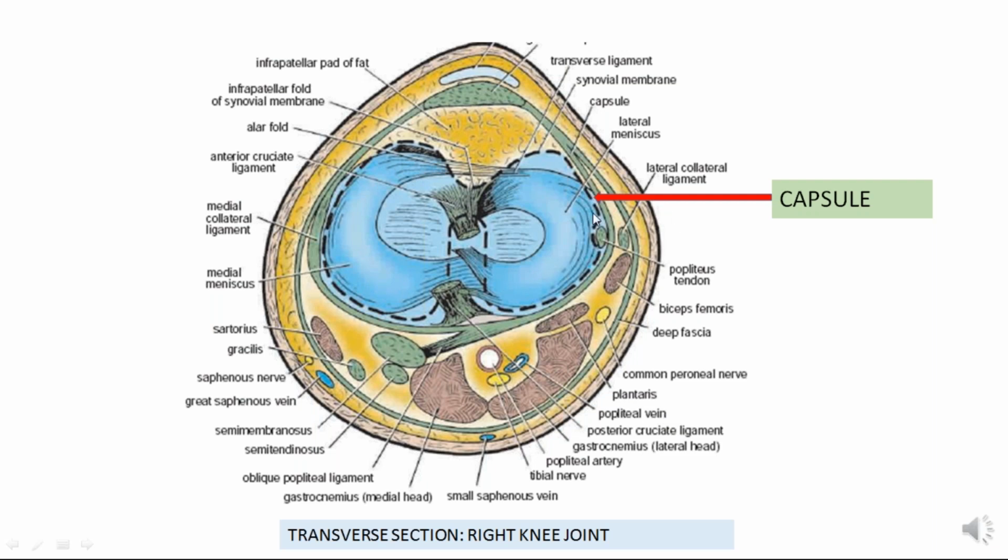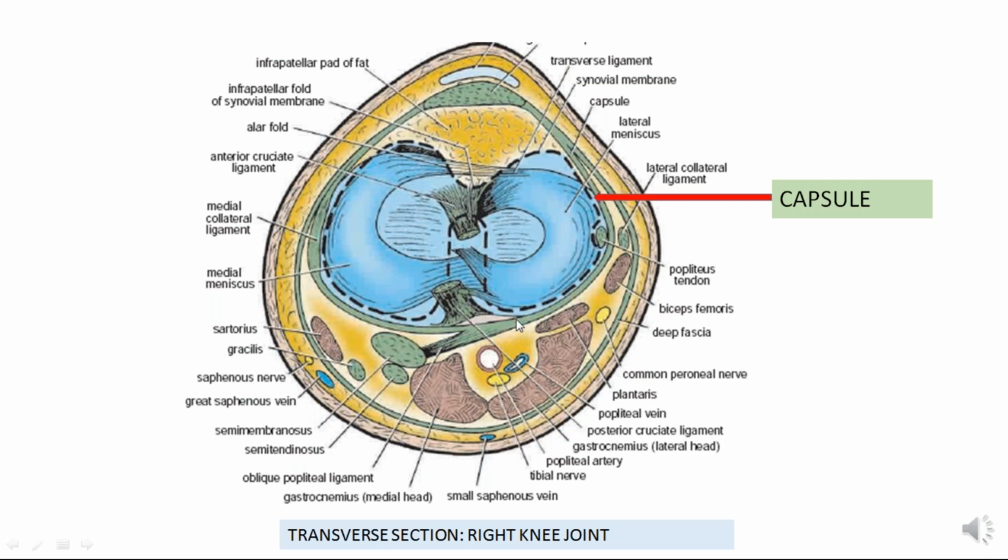Showing the narrower lateral meniscus. Also, for understanding the anterior and the posterior portions, look here. This is the ligamentum patellae in the front, and posteriorly you can see some muscles over here, which are the muscles of the back. Now this green structure is the capsule.